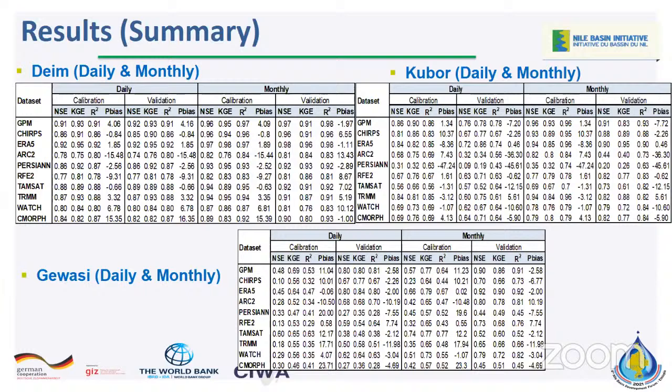And at daily time step, the model achieved fair or acceptable to good results, except ERA 5, RFE2 and ARC2, which achieved poor performance, as you can see here.